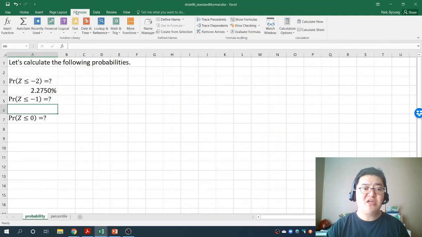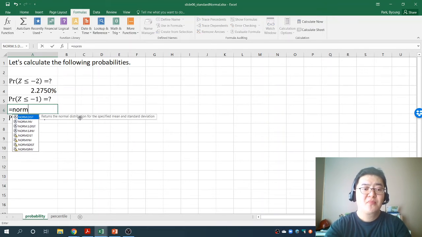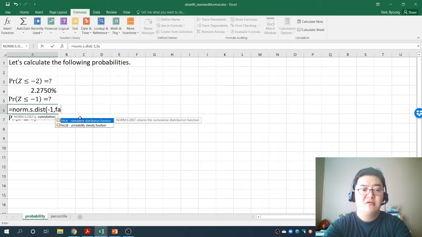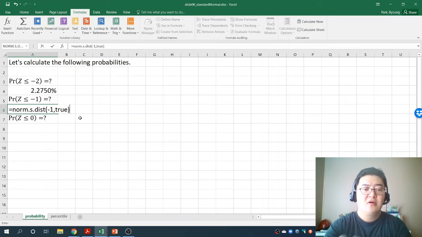And you may do the same thing for -1. You can go here and find the same function, but a simpler way is to type the function norm.s.dist. This is the same function we used, and in parentheses, you have to put two arguments. -1, which is the value you are interested in, where the cumulative probability is evaluated.